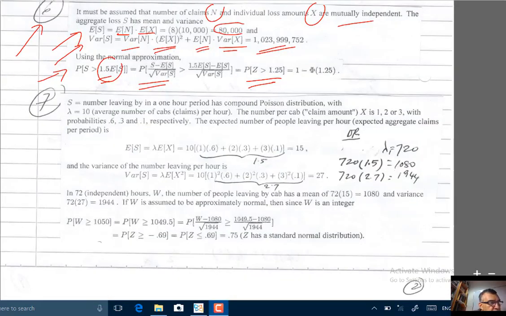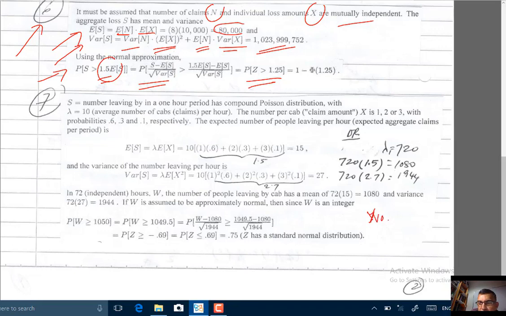Question number 7, let's read it. Taxi cabs leave a hotel with a group of passengers at a Poisson rate of lambda equals 10 per hour. The number of people in each group taking a cab is independent and has the following probabilities. Maybe I should write it here.